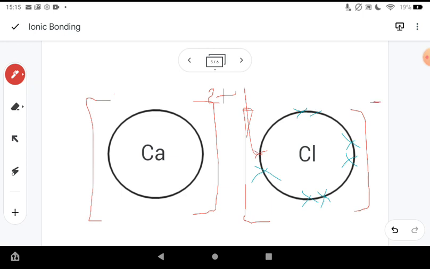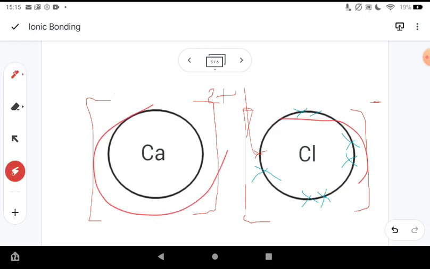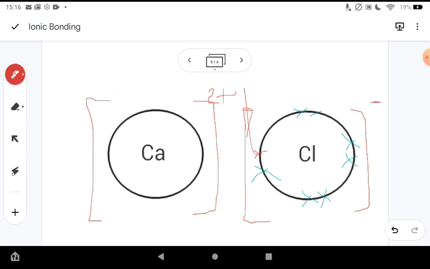Now, because the charges need to be balanced, I need 2 chlorines to every 1 calcium. And the way I do that, and this is where you get your last mark for, is I put a big 2 before the chlorine, because the 2 means that you've got 2 chlorine ions to every 1 calcium, and that will mean that 2 minus balances out the 2 plus.